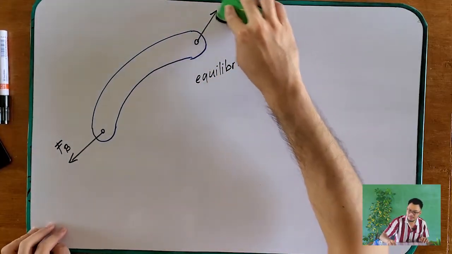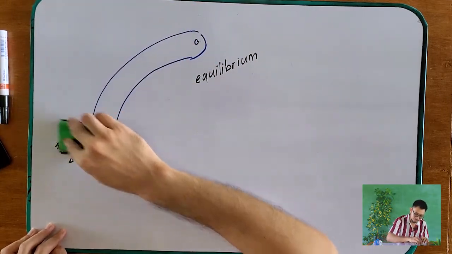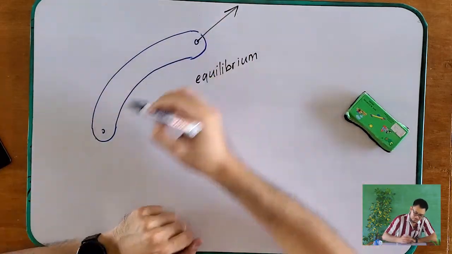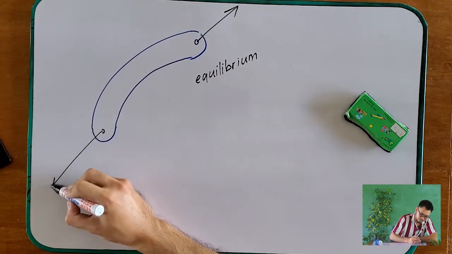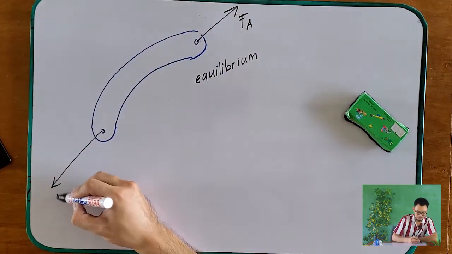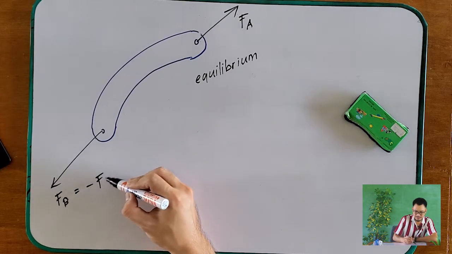So our forces should look like this. And your FB is equal to negative FA. So if you sum the forces, this should be equal to 0.